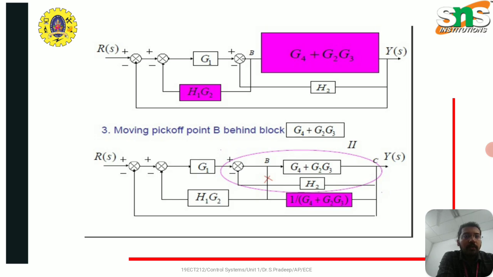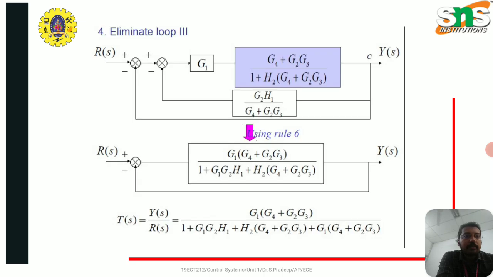While moving, we are going to use the set of rules given in the previous slides. And eliminating loop 3, we get it like this. So using the feedback rule, we are combining the two blocks and getting the transfer function like this, where the transfer function T(s) is equal to Y(s) divided by R(s), that is, output by input.